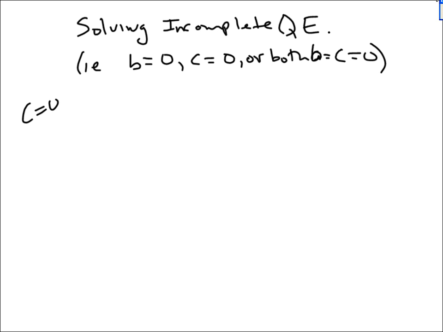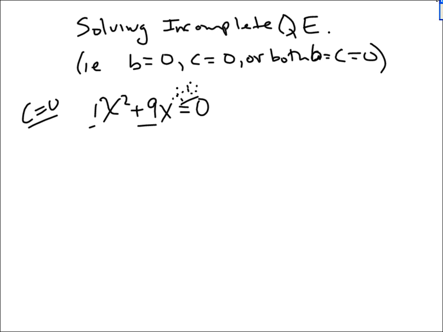Suppose c is 0. That is, say you have x squared plus 9x is equal to 0. C is 0. The constant is 0. There's an understood plus 0. That is, a is 1, b is 9, c is 0.